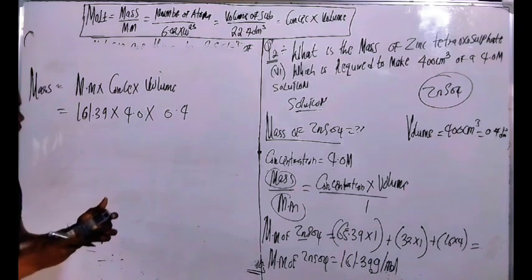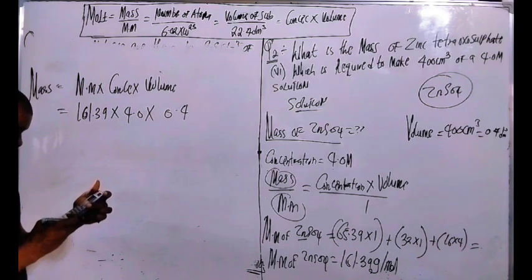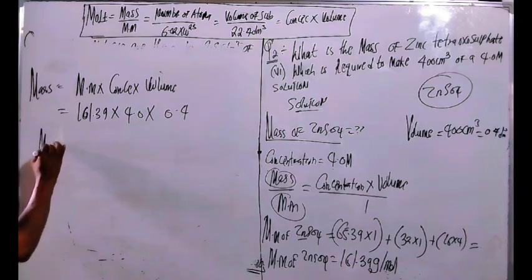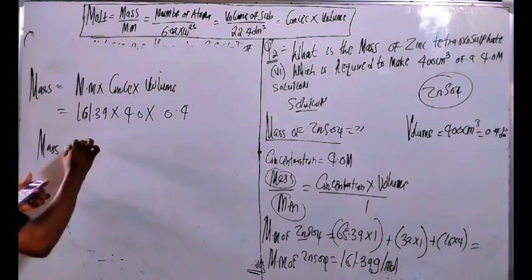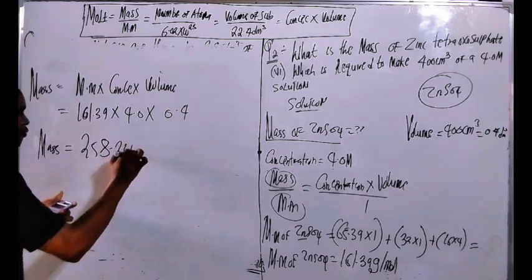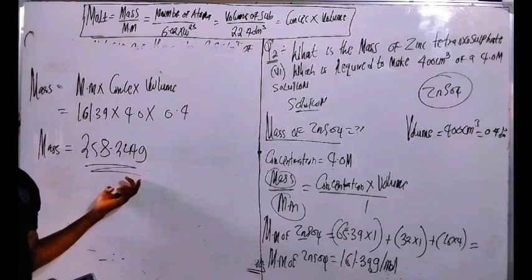So 161.39 times 4.0 times 0.4. Here we have the answer: the mass equals 258.224 gram. This is the answer, right?